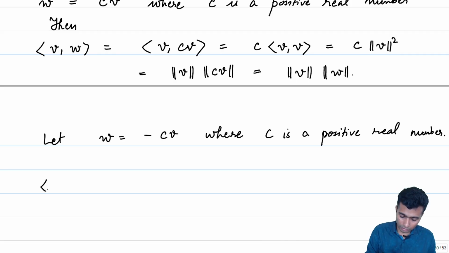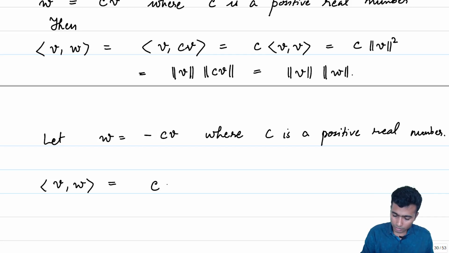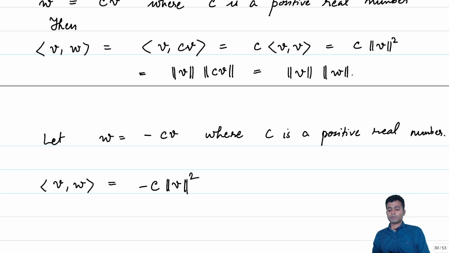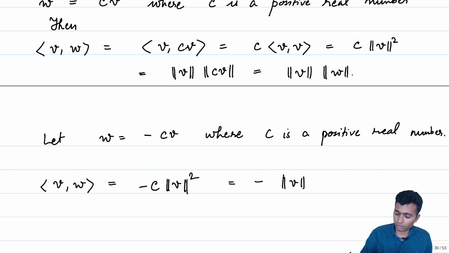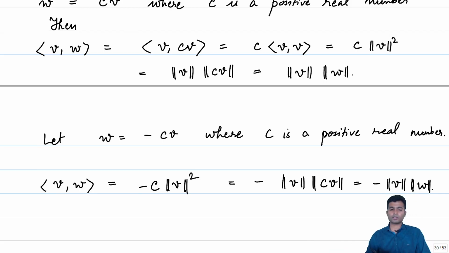It will be the same till C times norm of V square, minus of C times. This is now going to be equal to minus of C times norm of V square, and it is at this place where it will change. This is just going to be minus of the length of V times the length of CV, which is equal to minus of the length of V times the length of W, because absolute value of minus C is just C, right?